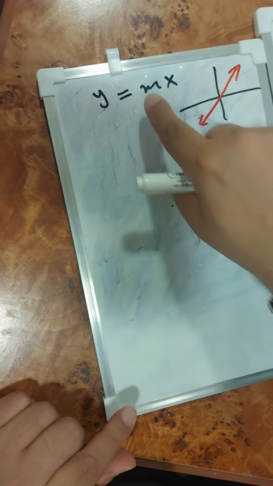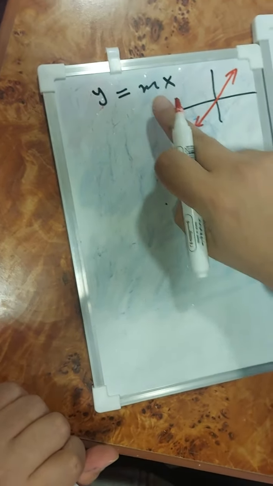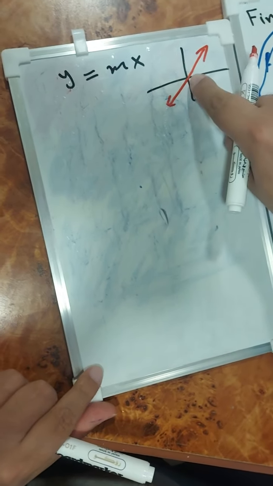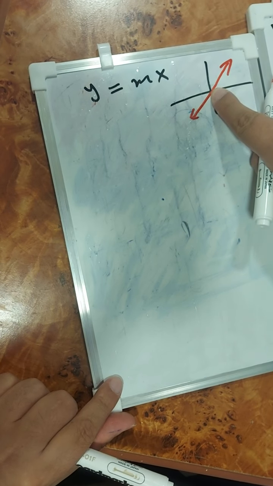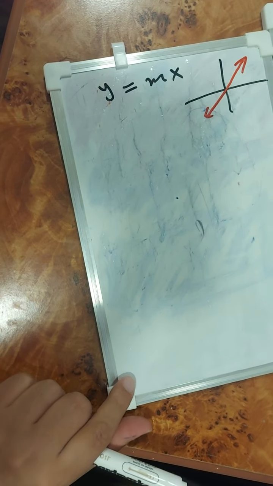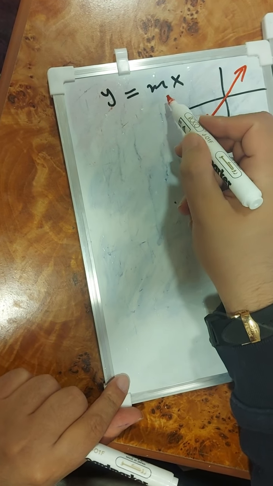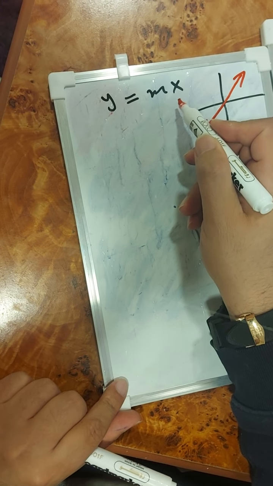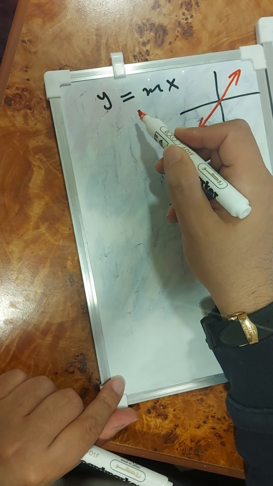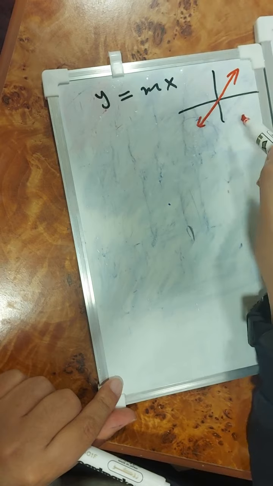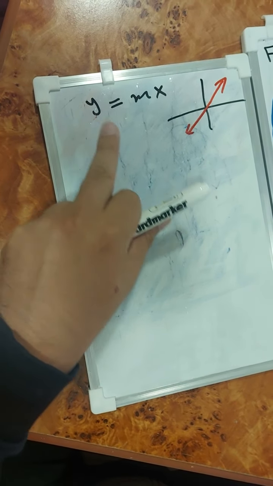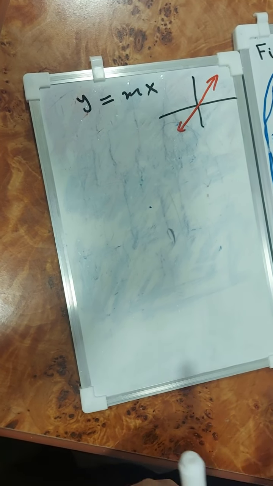If we put m equal 2, we will obtain a line that intersects the origin with slope 2, and so on. So this equation y equal mx represents a family of lines crossing the origin. This is the geometric meaning of this substitution y equal mx.